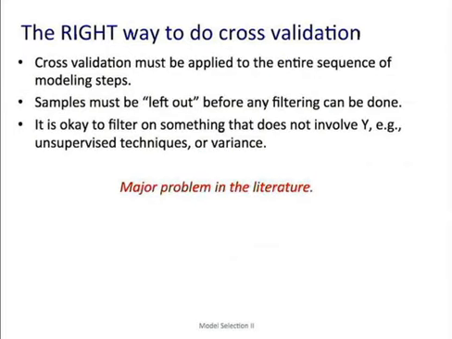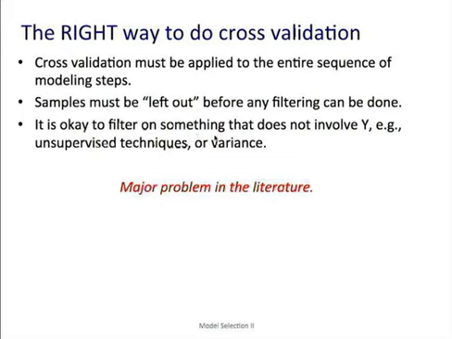In other words, cross-validation must be applied to the entire sequence of modeling steps. Samples must be left out before any filtering is done that involves Y, I should say, also here. You could keep them in if you're going to do a low variance filter. That's what I say in this step.